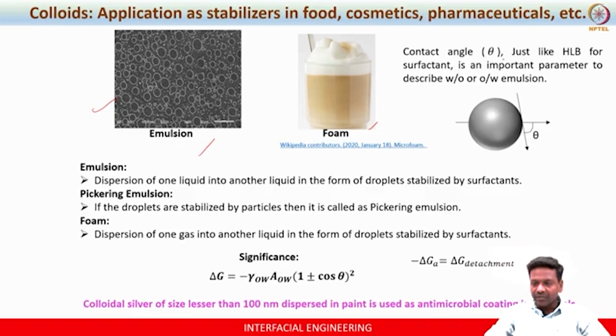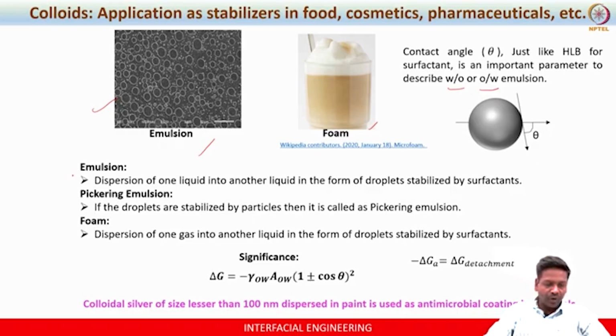The contact angle is very important for the particle system, because that decides whether it will stabilize a water in oil emulsion or an oil in water emulsion. So theta, the contact angle, is a very important parameter in this context.